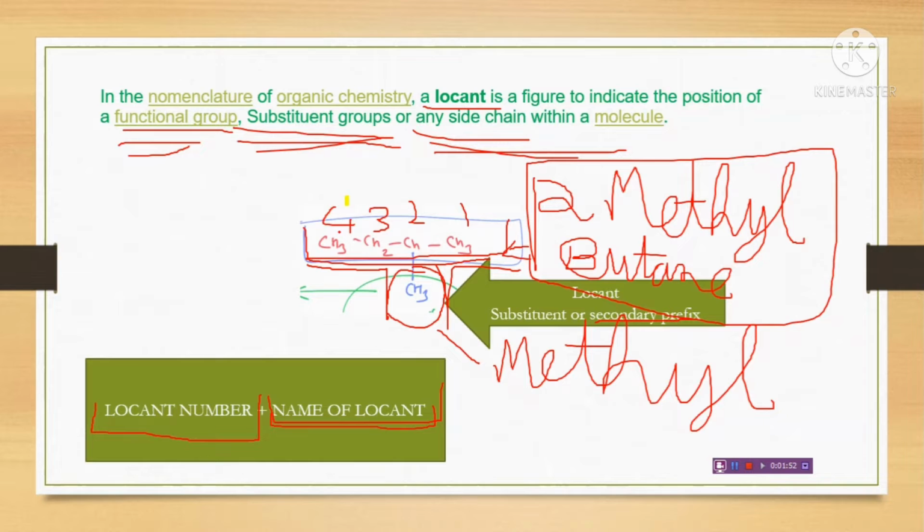Now some of you may have questioned why I didn't name it like this, and instead numbered it like this. Why? I did not select this chain, instead I selected this chain. What are we going to do when we get two locants? Now, there are some rules which give the answer to this question.